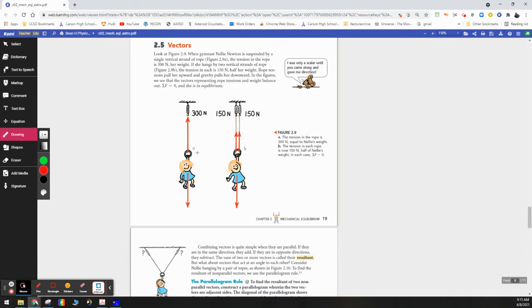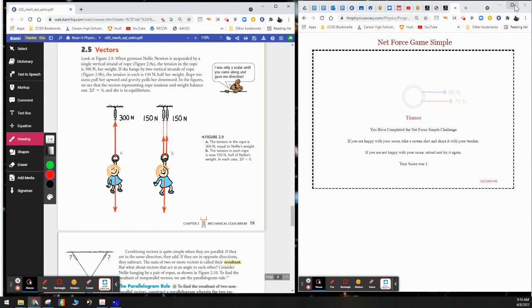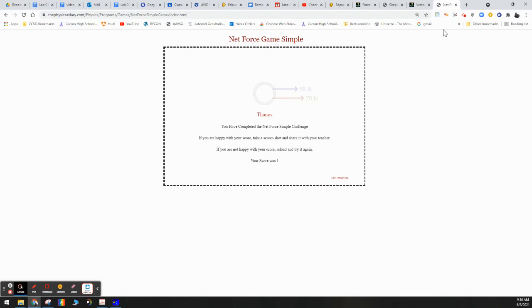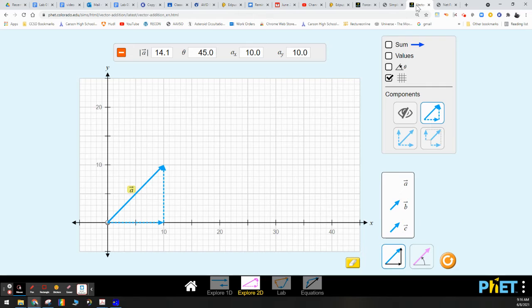Finally, our last section is 2.5, vectors. Before we read this, I want us to look at a simulation real quick so we have a better understanding of vectors. Here is vectors. Let's restart this.